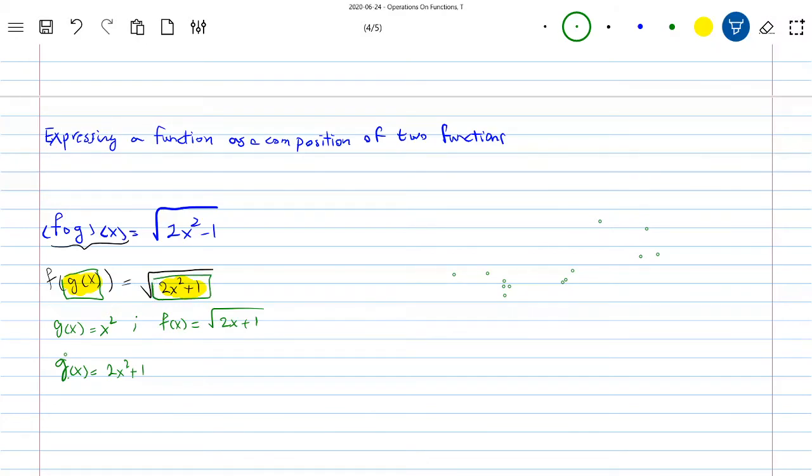F of box is square root of box. So what is f of x? It is square root of x. This box is just a variable x. Okay, that's another option. What if I want g of x to be only 2x squared?